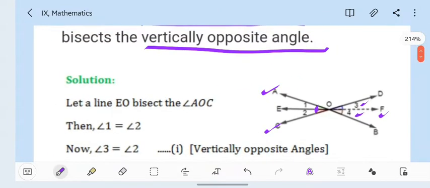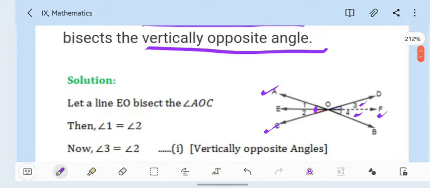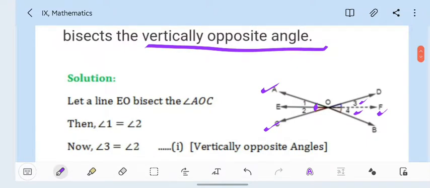First of all, we'll be using the vertically opposite angle concept only. Okay, so angle 1 is equal to angle 2, which is already given because EO bisects angle AOC, and angle 3 is equal to angle 2.